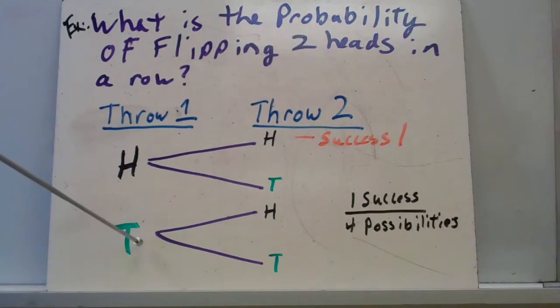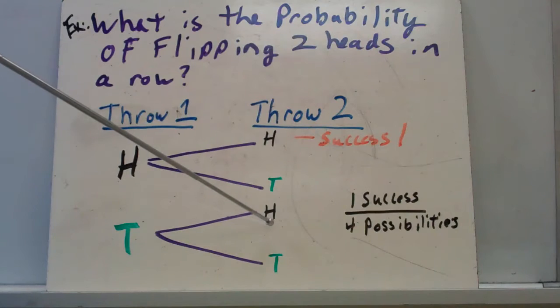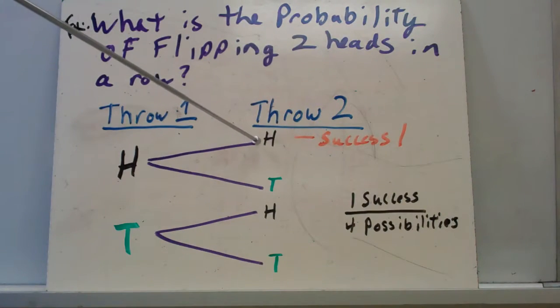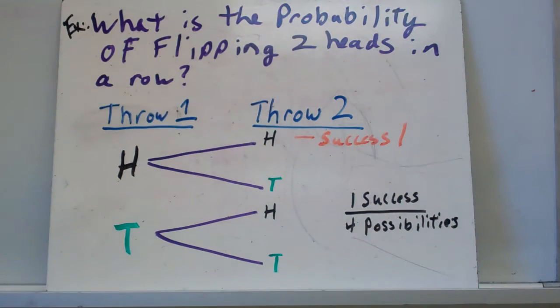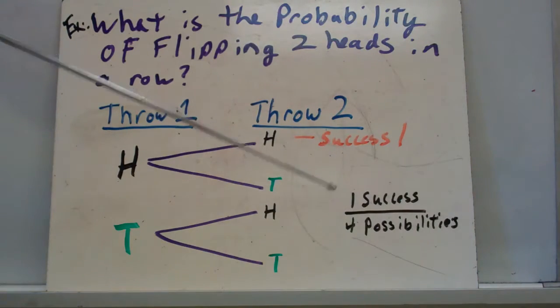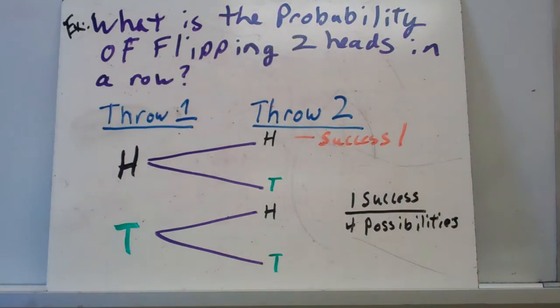But if we threw a tails first, we could also get a heads or a tail. So we have 1, 2, 3, 4 total possible outcomes, but only one success. So in this case, the probability would be 1/4.